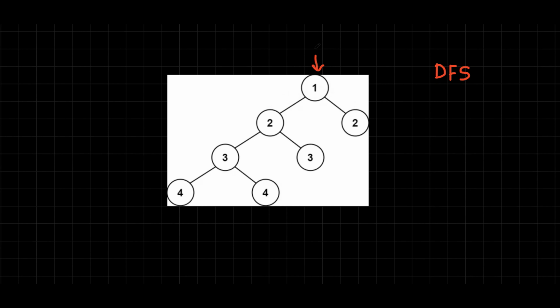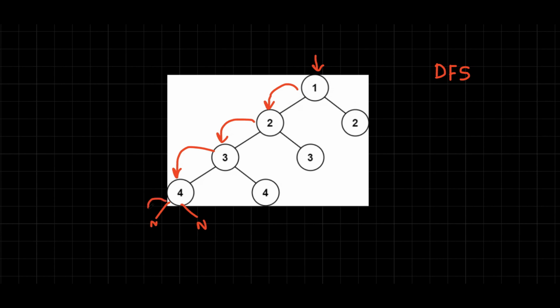Anyways, we are calling the DFS on the root node, and from here we call the DFS function on node 2. Again, we call the DFS function on node 3, and again on node 4. Now, for node 4, its left and right subtrees are null.